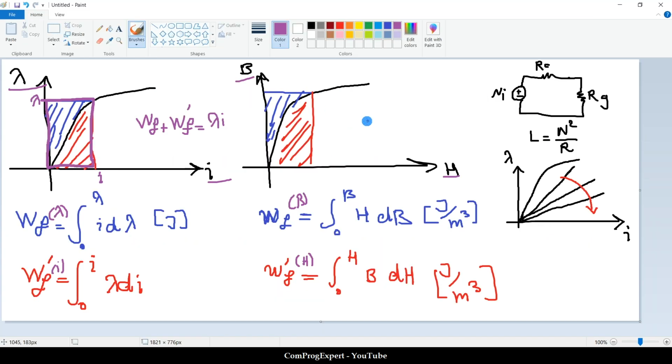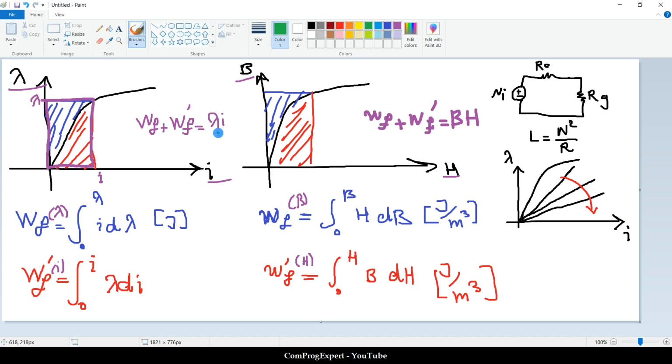And here we have energy density: W_f plus W_f' is B times H. Energy density plus co-energy density.